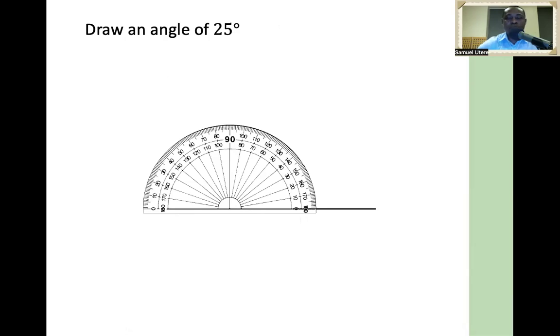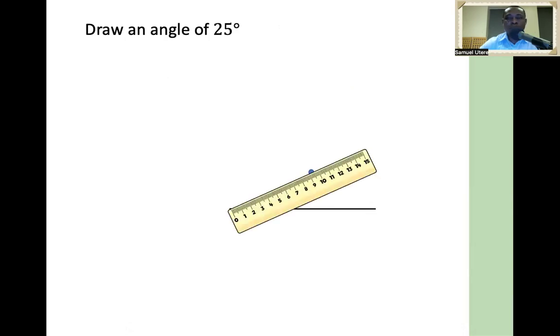In this case, we'll be using our inside scale because the 0 inside scale lines up with our line. So we mark a 25-degree mark using the protractor, and then we use our ruler to join the end of the line and draw it through that point that we marked for 25 degrees.